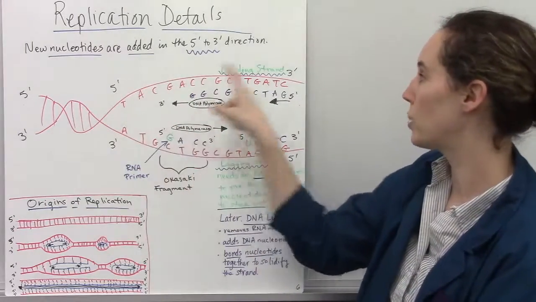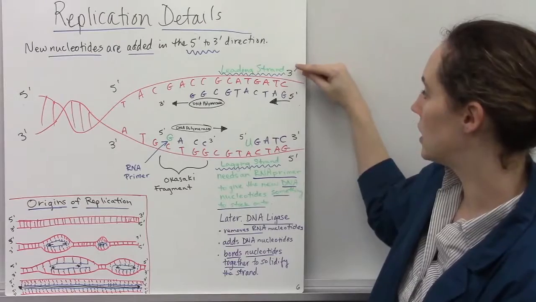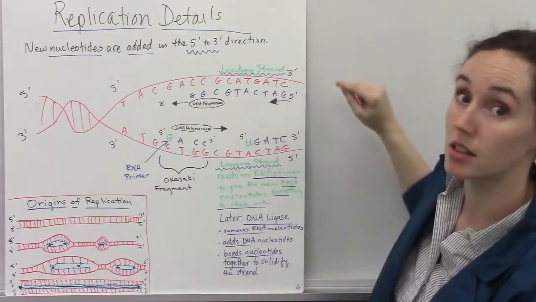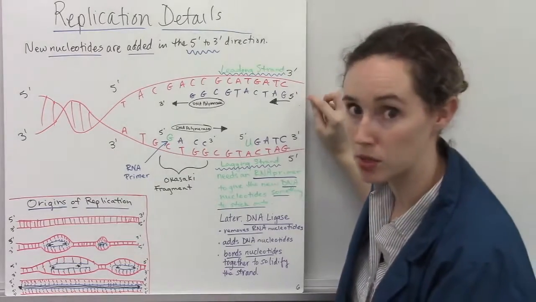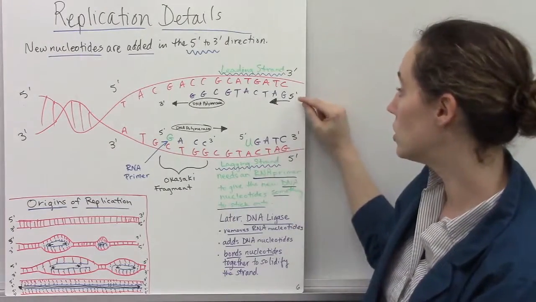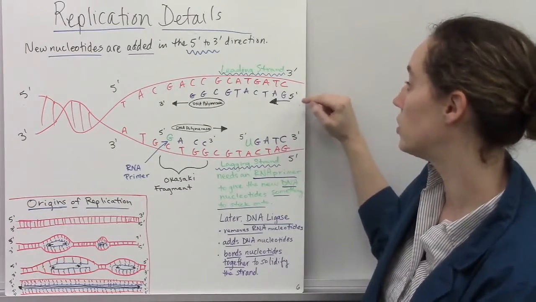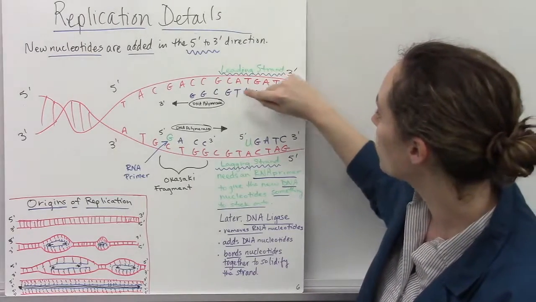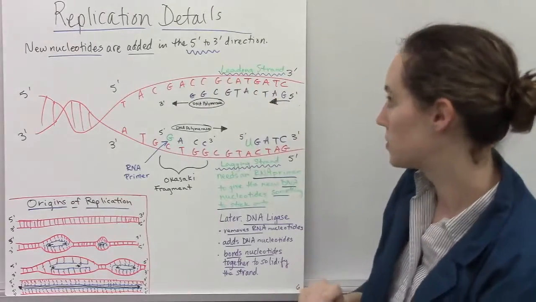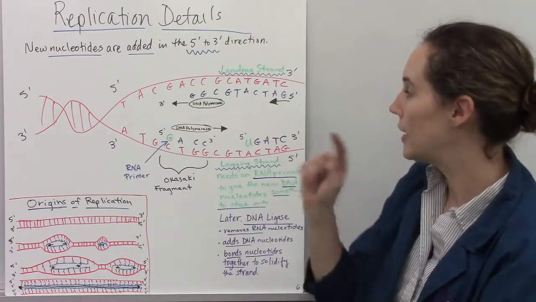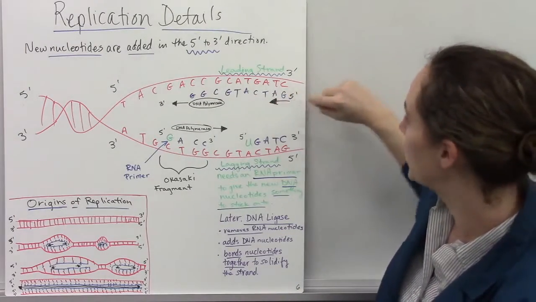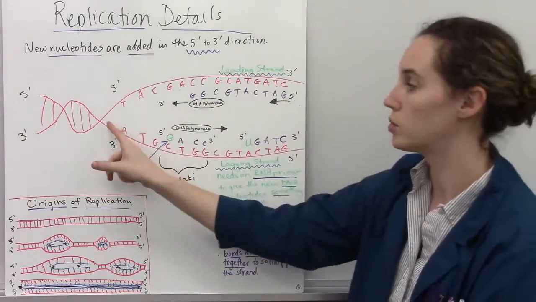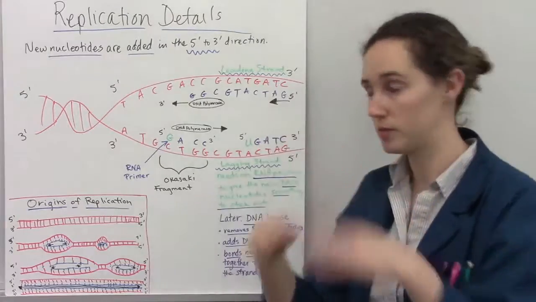Okay, so if red is our parent strand, and this is the 3' end of the parent strand, the other side, because it's anti-parallel, this is the 5' side. So our new nucleotides are going to be added from the 5' to 3' end, going this way. And then DNA polymerase is just smoothly moving from 5' to 3' toward what is called the replication fork.